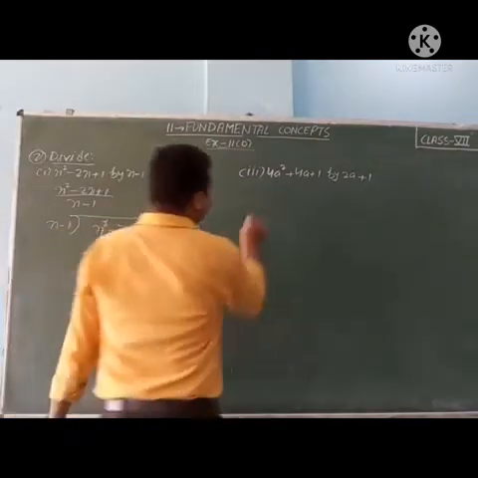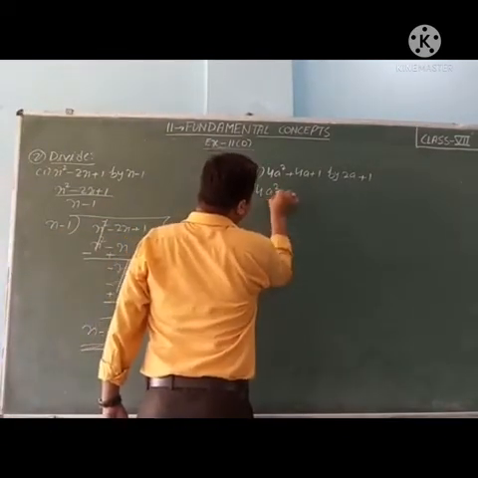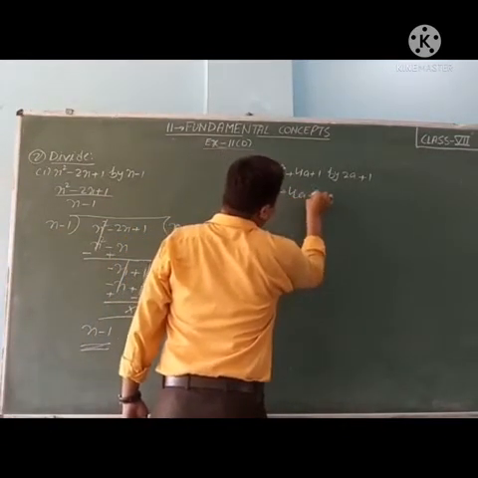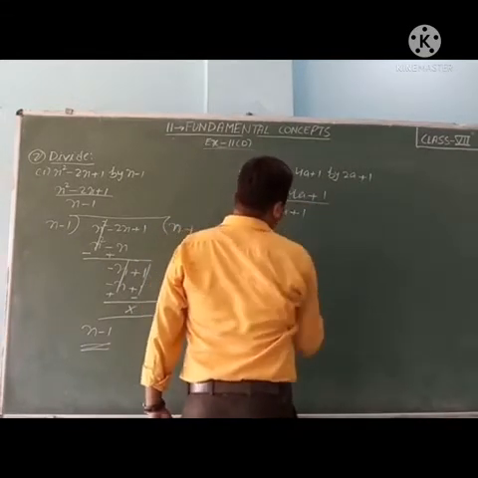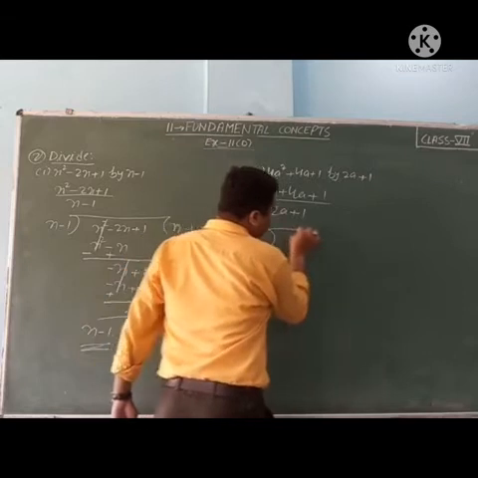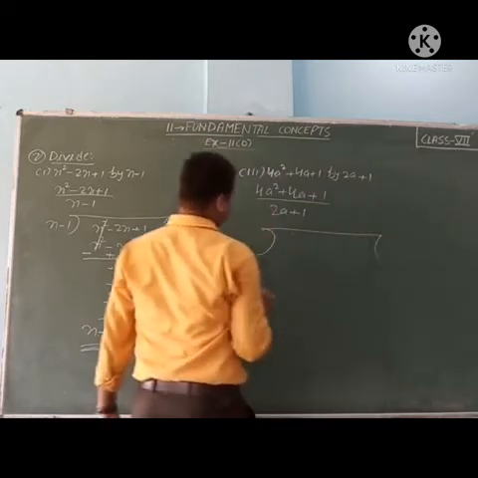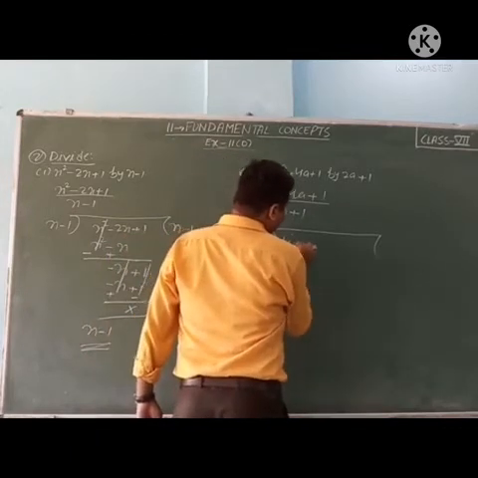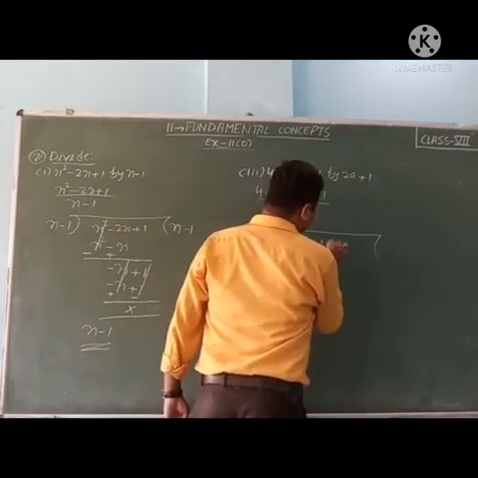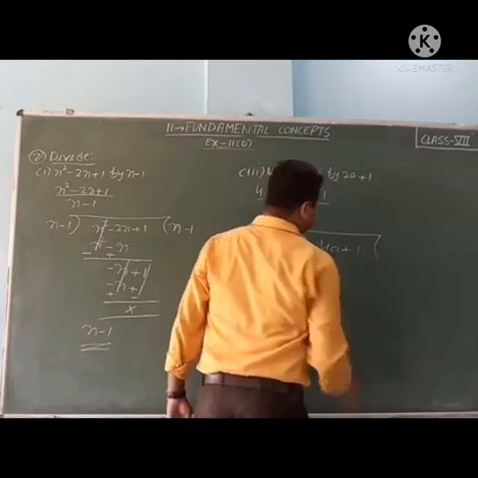See students, 4a square plus 4a plus 1 upon 2a plus 1. So we will write in the same way: 2a plus 1, then 4a square plus 4a plus 1.